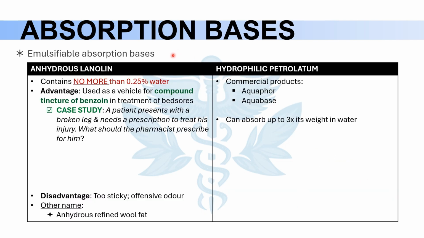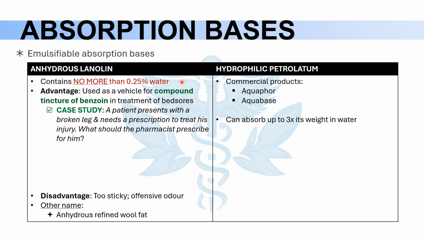Let's begin with the emulsifiable absorption bases. As we established, they are 100% fat initially, but upon incorporation of the aqueous drug, they form a water in oil emulsion. There are two types, anhydrous lanolin and hydrophilic petrolatum. Let's begin with anhydrous lanolin.